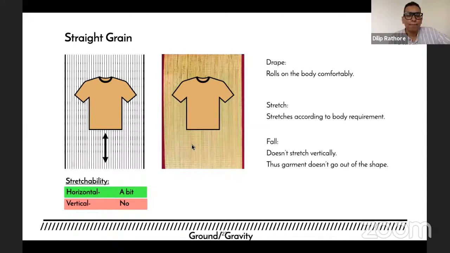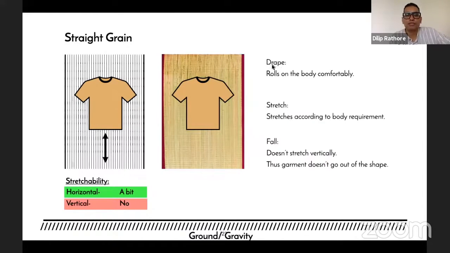If you compare this to the fabric, the fabric is not so stiff vertically, but there is warp which is stiffer than the weft. So this will help you understand how the fabric folds and rolls on the body. Now the drape, the straight grain, we saw, is the most suitable for garments.